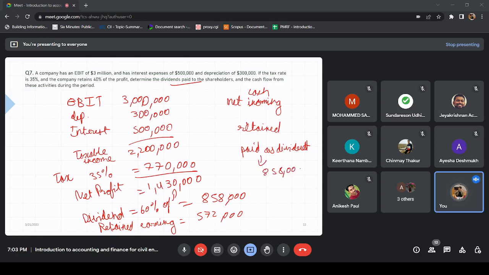858,000. What net incoming? How much did you receive? I mean net cash flow. So you would say that you earned this much. You paid as interest. Then you paid some taxes. That's it.